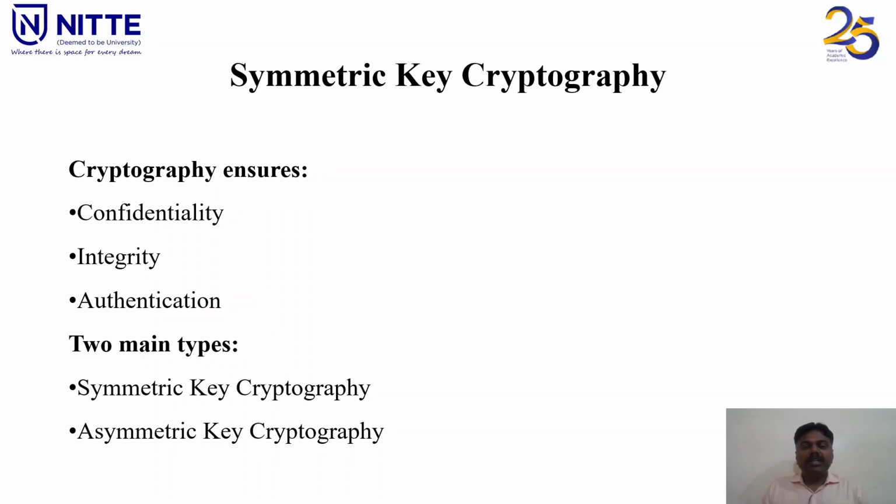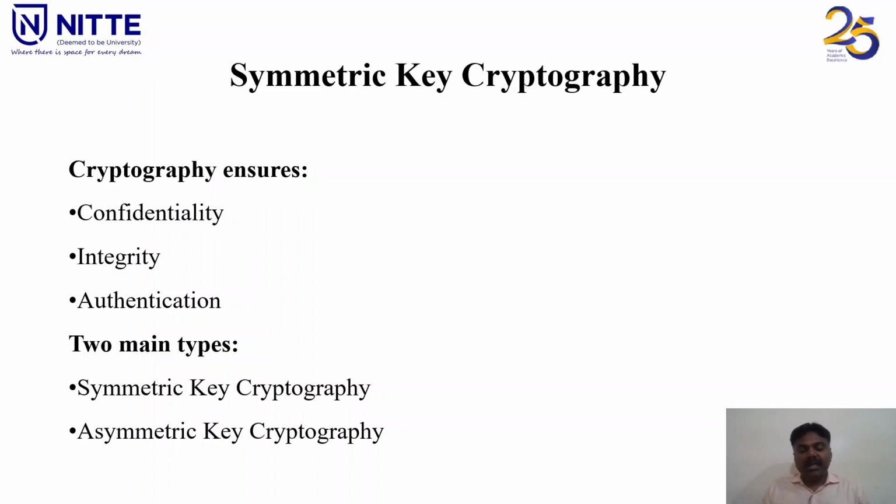Before getting into symmetric key cryptography, let us understand what cryptography basically is. Cryptography ensures confidentiality, integrity, and authentication in communication. We have two types of cryptography techniques: symmetric key cryptography and asymmetric key cryptography.